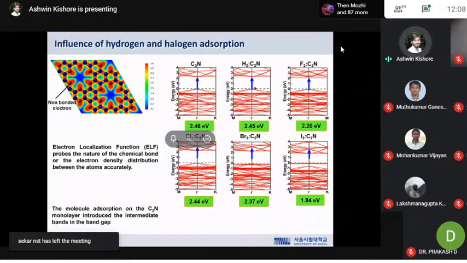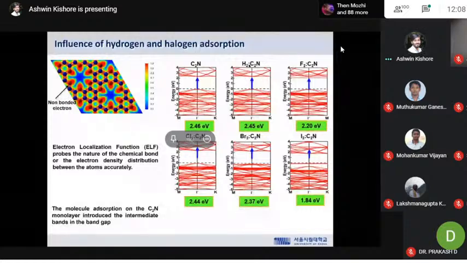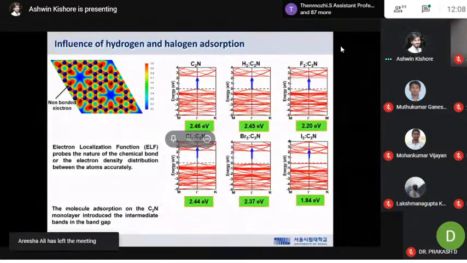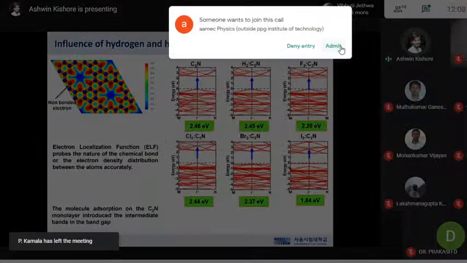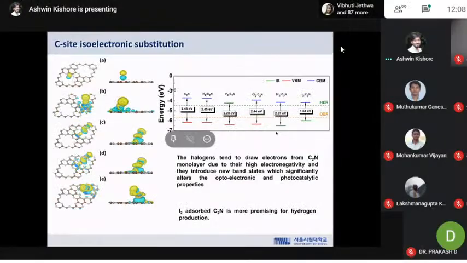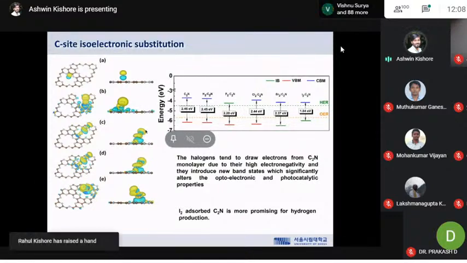Then we calculated the band structure for hydrogen and halogen molecular adsorption. The molecular adsorption on C2N monolayer introduced intermediate bands in the band gap, and that reduces the band gap value. We also calculated the charge transfer mechanism in the system, because when you put the molecule, the molecules tend to draw electrons from the C2N layer due to their high electronegativity, and they also introduce new bands which significantly alter the photocatalytic properties.